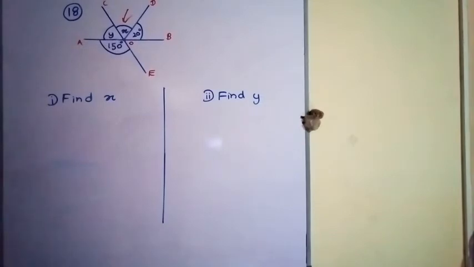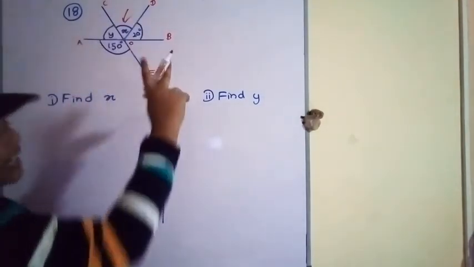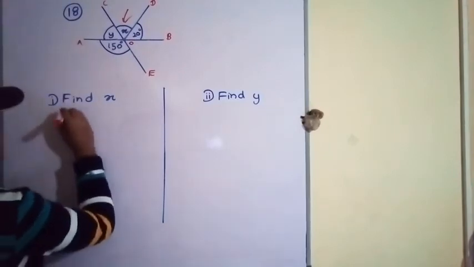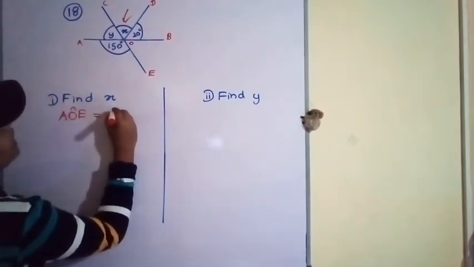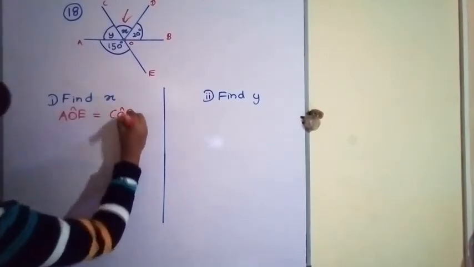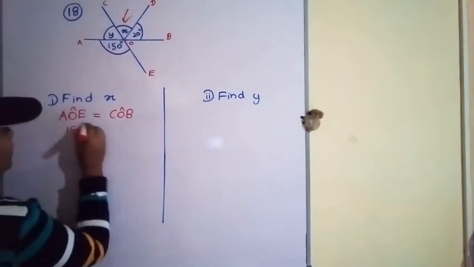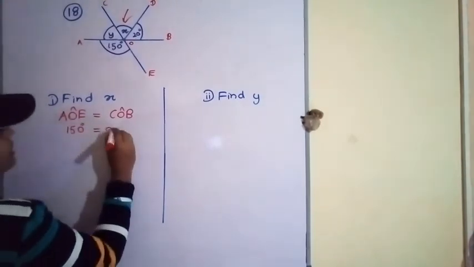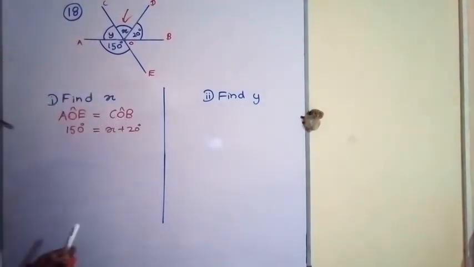Now you want to separate. Now x plus 20 is vertical to 150. Now AOE is vertical to what? COB. Now AOE means 150, COB means x plus 20. Let's find the answer.